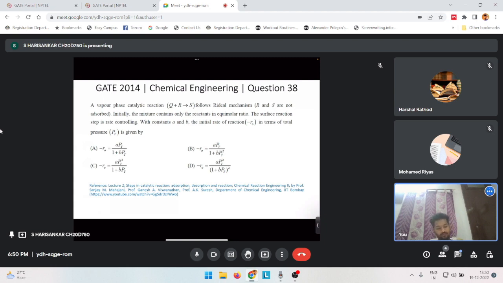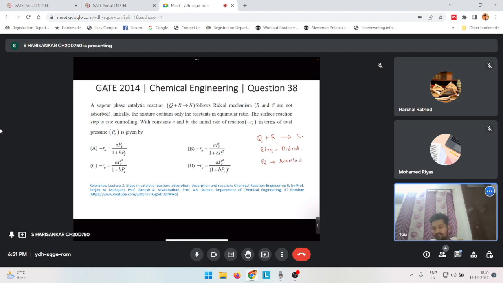Here the reaction given to us is in vapor phase, Q plus R giving S, and this follows the radial mechanism. In the question, they have mentioned that only Q is getting adsorbed. R and S are not getting adsorbed.